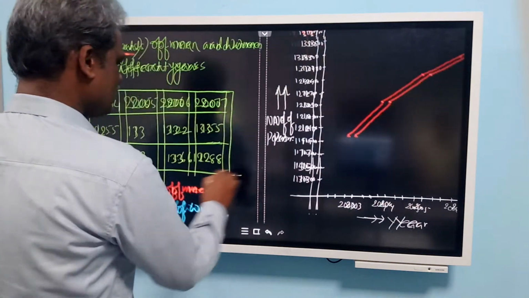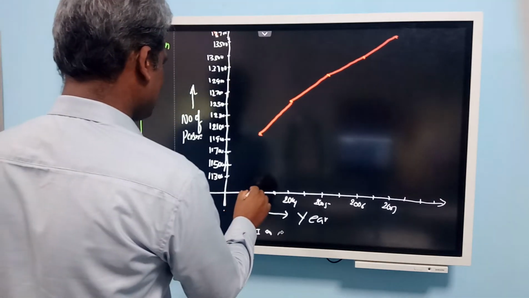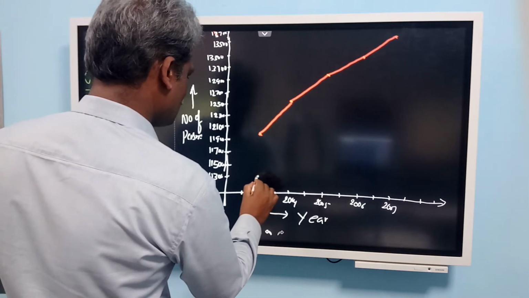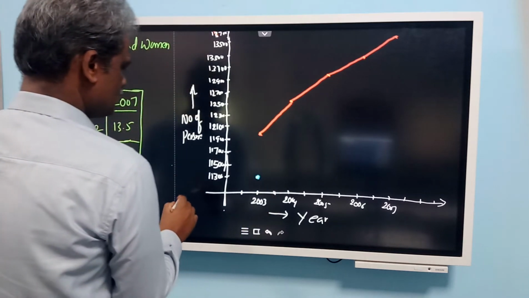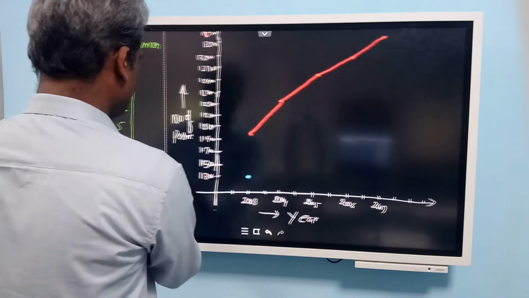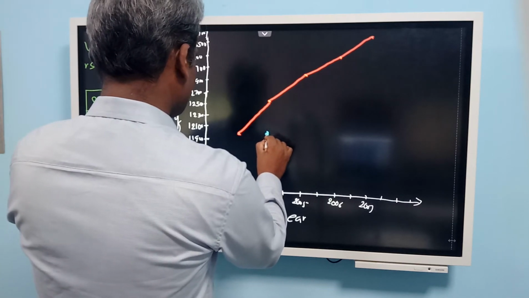In the year 2003, 11,300. You can change the color now. So 11,300, it is 2003, it is here. Then in the year 2004, it is 11,900.